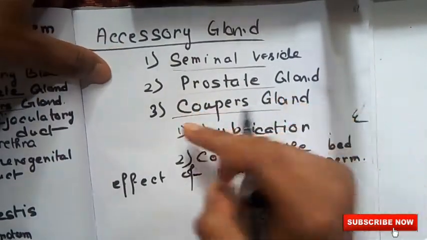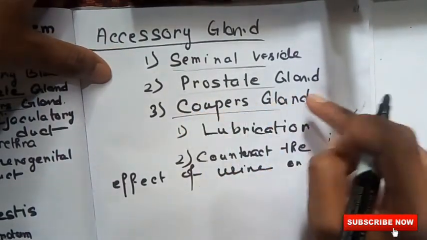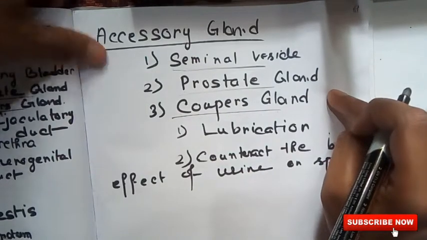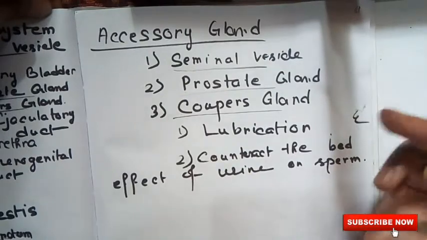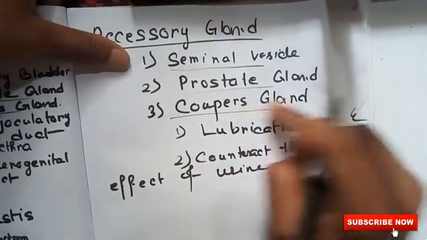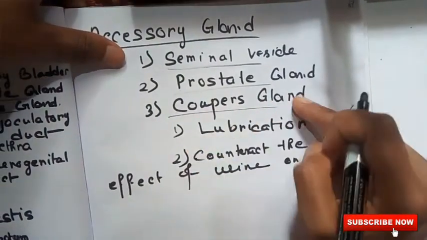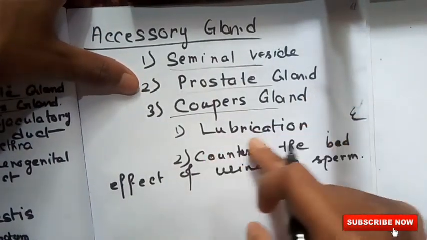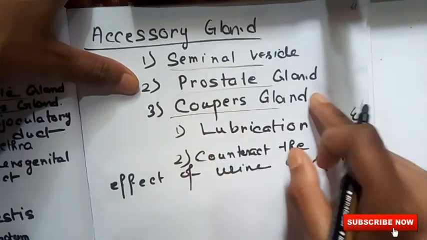And the next is Cowper's glands. Cowper's glands also secrete a liquid which is alkaline. The function of the Cowper's glands is that the liquid it secretes acts as a lubricant.